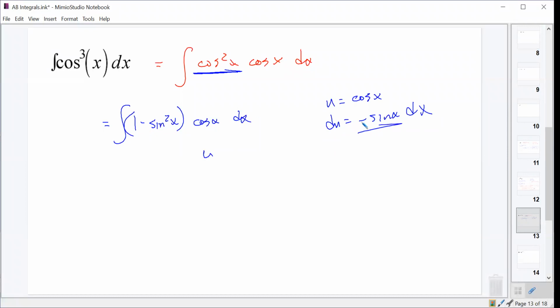That's not what I have here. I have negative sine x dx. So I can't replace this. There's no negative sine x dx to replace with a du. So that u substitution is going to be a little bit of an issue. Cosine's not going to work out. Any other thoughts on what you'd like u to be?